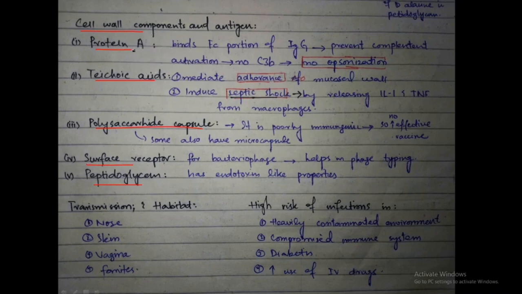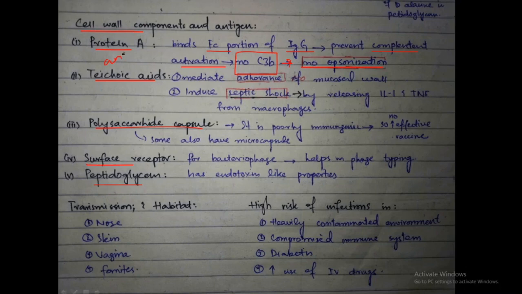It binds to the Fc portion of immunoglobulin G and prevents complement activation, so that there will be no C3b, a part of complement activation which helps in opsonization. So there will be no opsonization, and it helps against phagocytic activity.